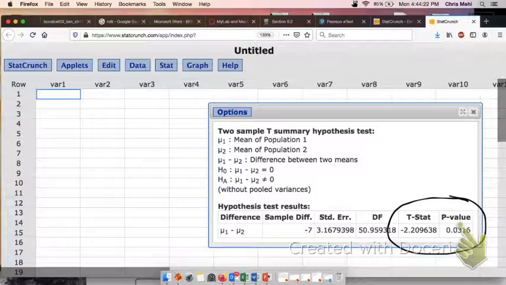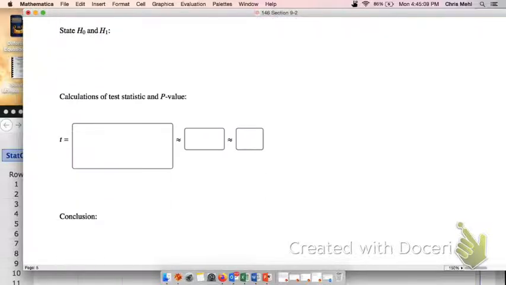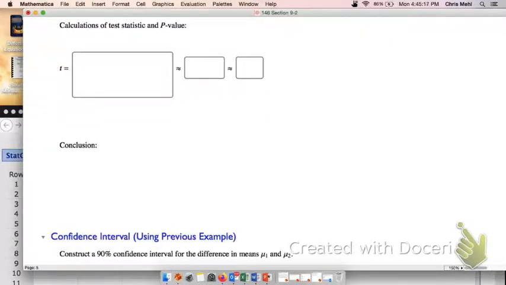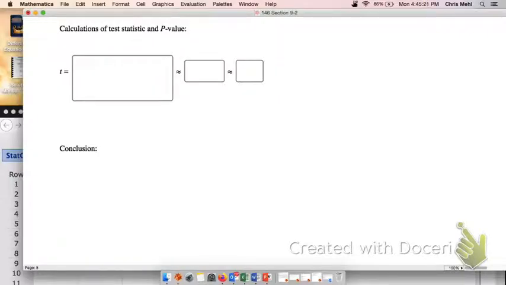Okay, so I wrote those down. I'm going to go back to the handout now, and let me scroll up. Go back to drawing mode.